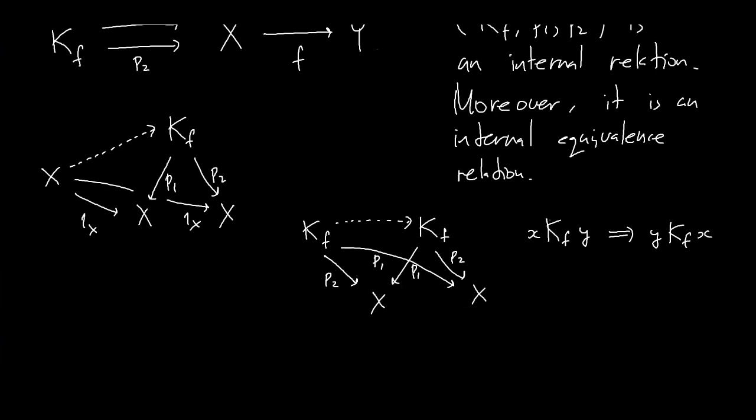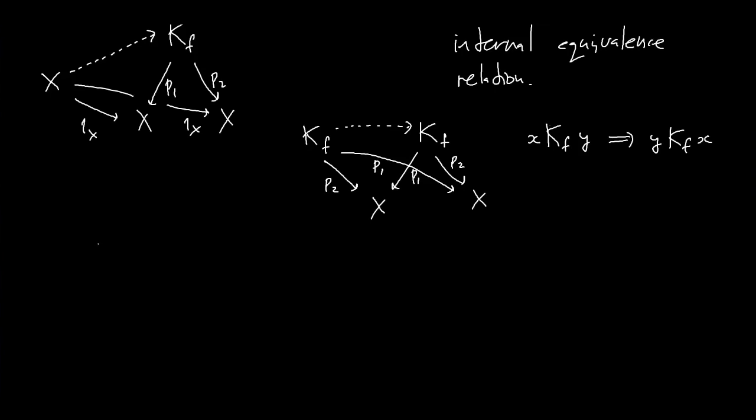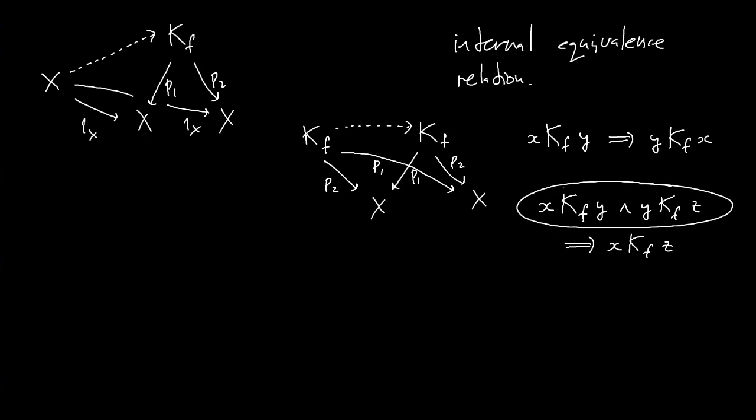And finally, to express transitivity, transitivity says that x is kf related to y, and y is kf related to z, implies x is kf related to z, right? So we want to build this object, triples x, y, z, such that this holds. And then from there, induce that x and z should be inside the object kf.